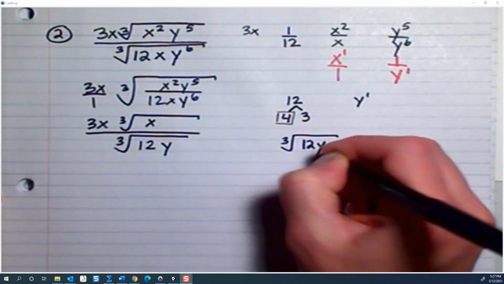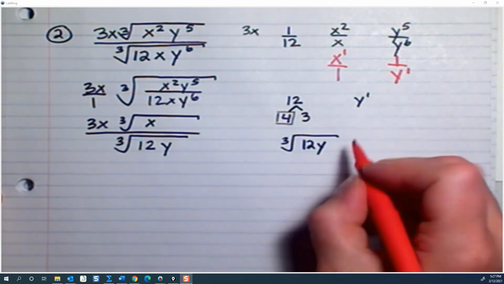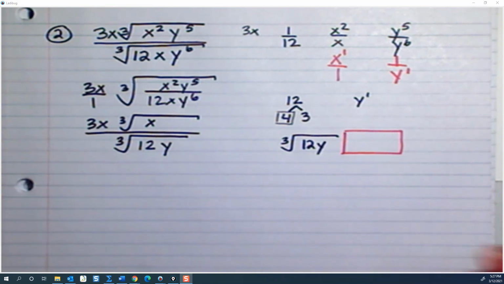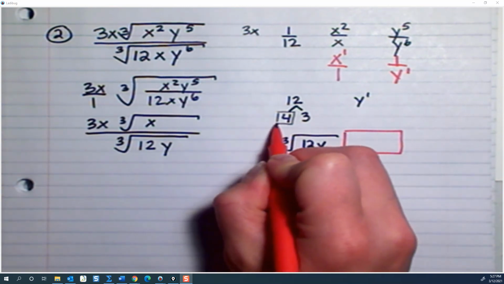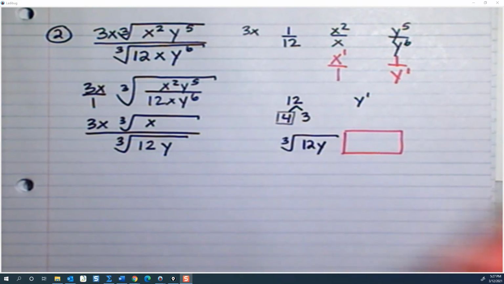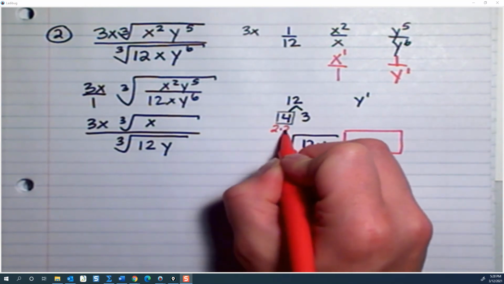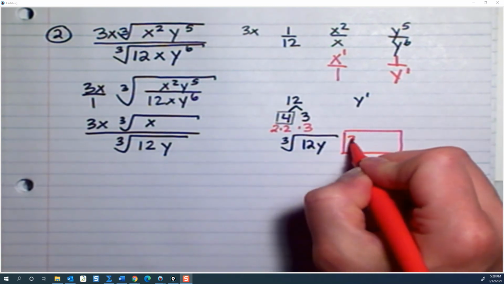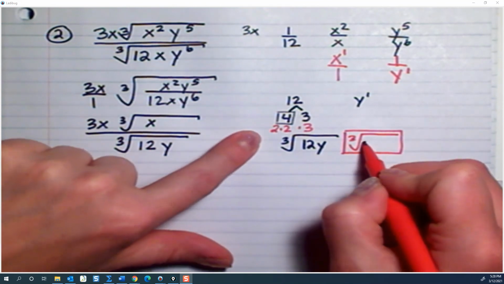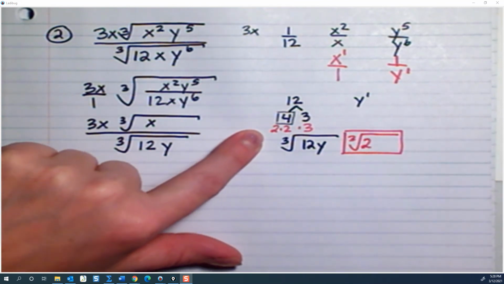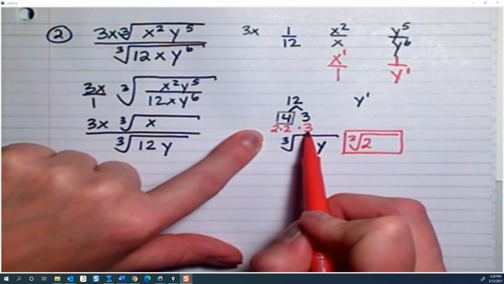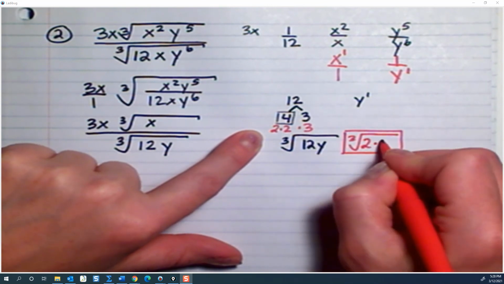What am I gonna multiply by in order to make this a perfect cube? So I look at this and I've got right here, this is 2 times 2 and this is 3. And I'm looking for 3 of a kind. And so I need one more 2. Okay, but I also need 2 more 3s.